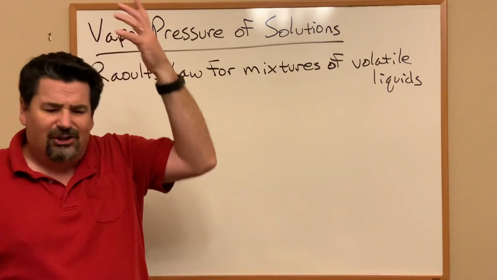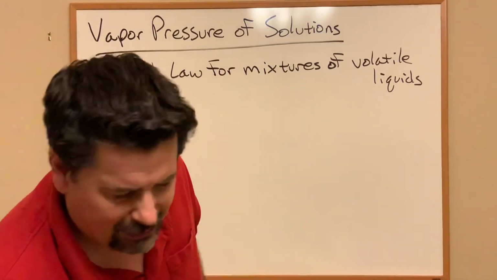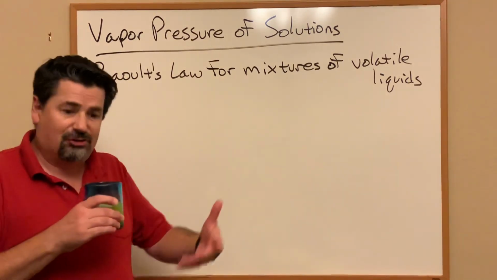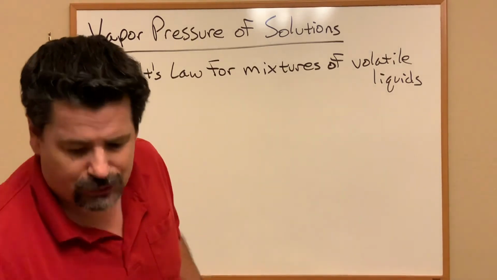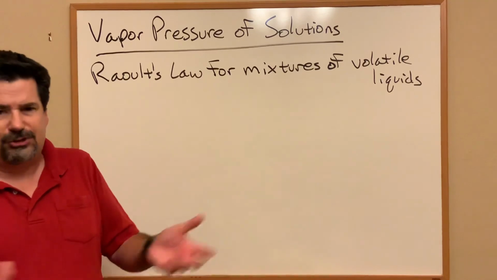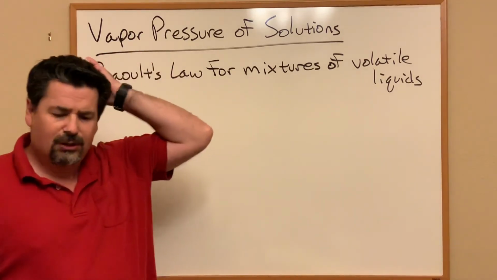Solids can be considered volatile. Like some will just disappear away. Dry ice, for example, solid carbon dioxide sublimes. It has a vapor pressure. But a chunk of aluminum doesn't have any vapor pressure associated with it at normal, regular temperatures.